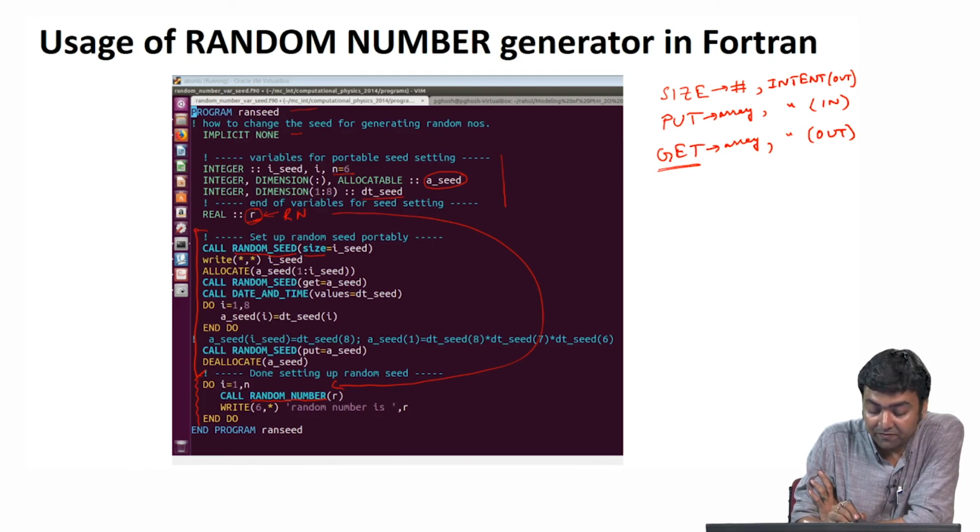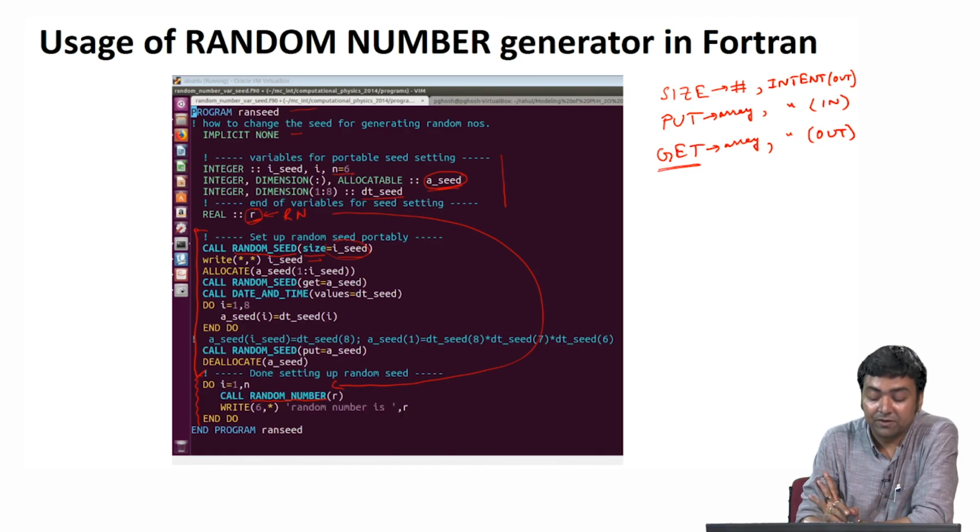The output coming from this size is stored in this variable called i_seed, which I am printing out. Then I allocate, as I mentioned before, I have this allocatable seed a_seed, where I allocate this array the same dimension as the value stored in the variable i_seed.